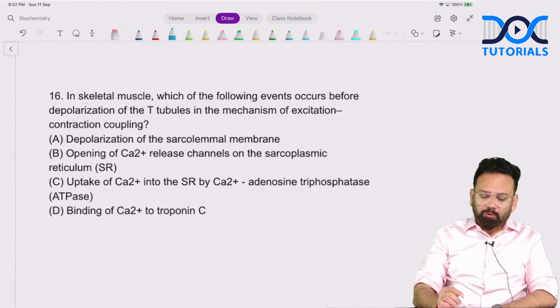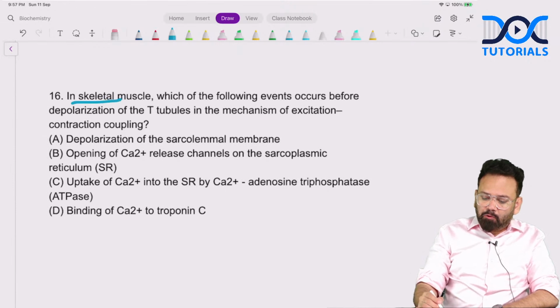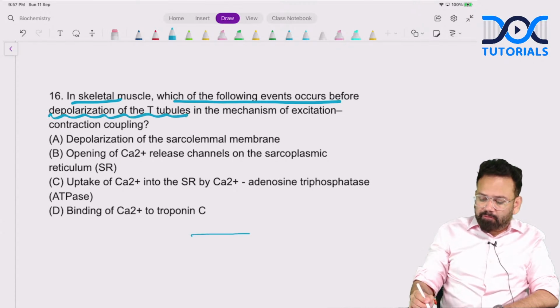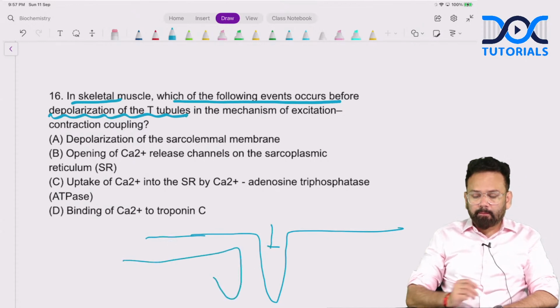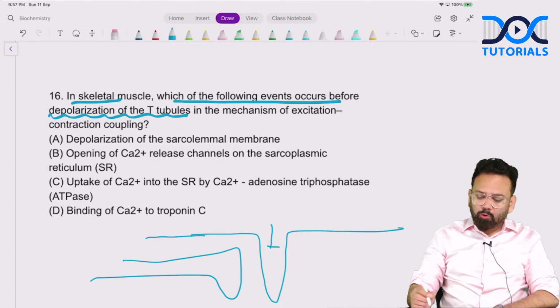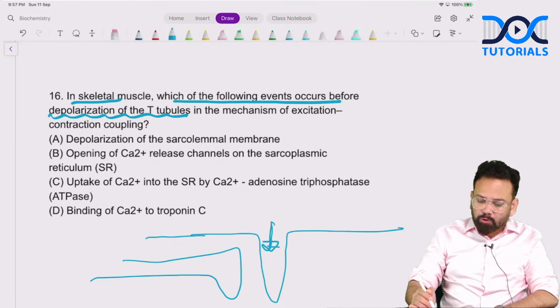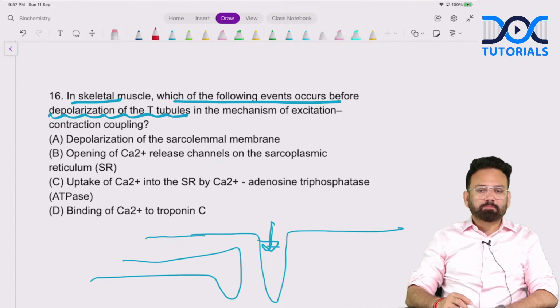with a different sequence. In the skeletal muscle, which of the following events occurs before depolarization of the T tubule? Before depolarization of the T tubule, what will happen?